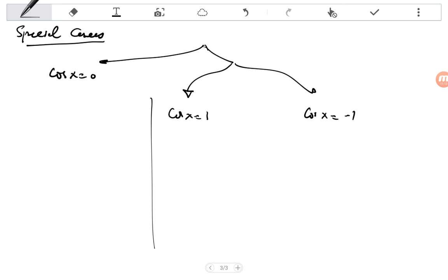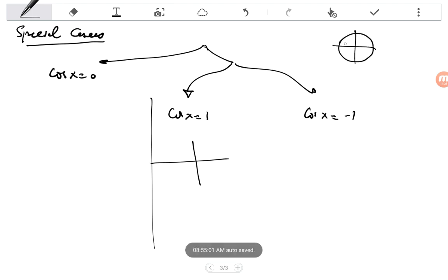Let's check the case of cosine x equal to 0. Or maybe let's check first this one, cosine x is equal to 1. As you remember, to find the solutions for a given alpha, we just look for these two basic angles. We always have two basic angles, this one and this other one.